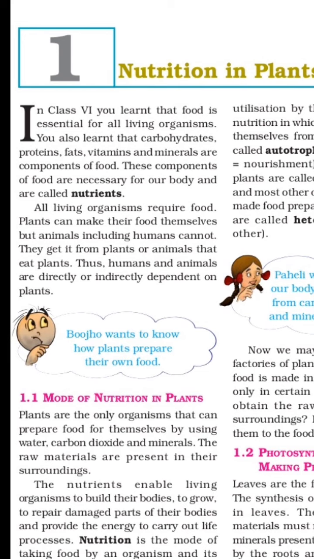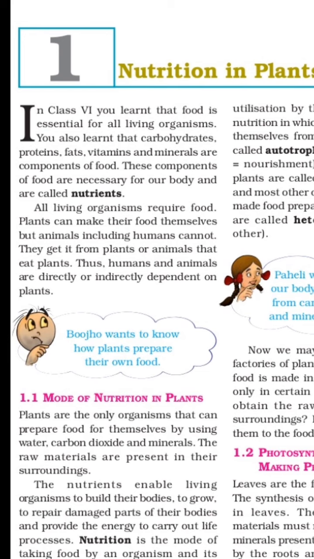Now we learned that plants can make their own food. But why is the last line, that humans and animals are directly or indirectly dependent on plants, mentioned here? It is a most important line. Why?